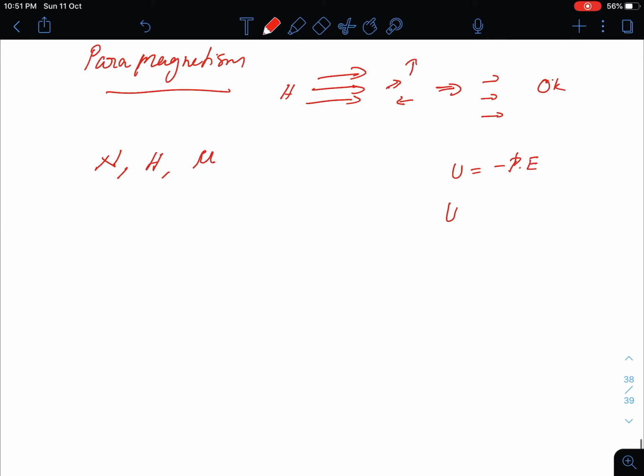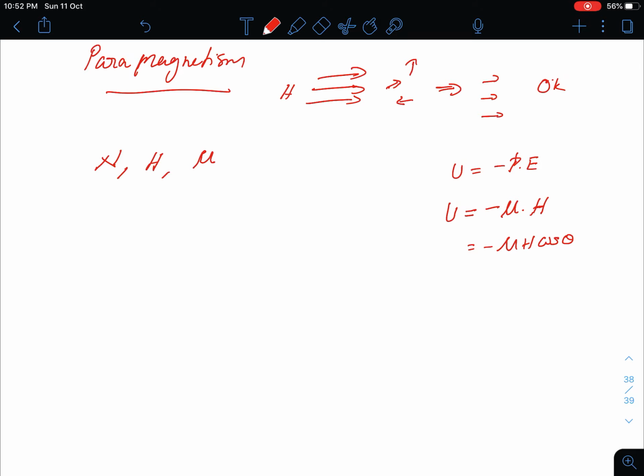Similarly, in magnetostatics, you might have studied the energy associated with this is simply minus mu dot H. That is minus mu H cos theta, where theta is the angle between the applied magnetic field and the direction of the magnetic dipole.